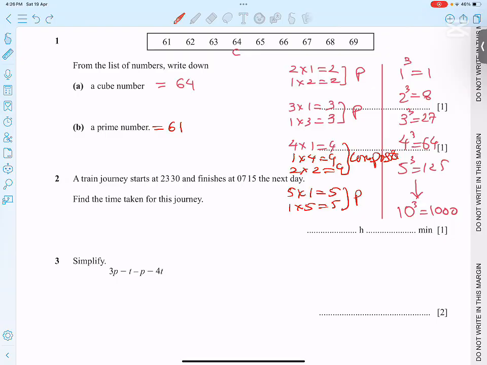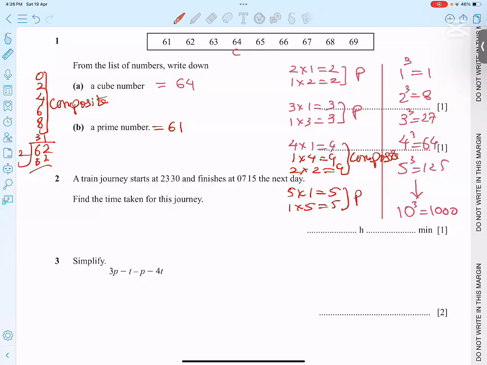So that's it. 62: all even numbers ending with 0, 2, 4, 6, and 8 cannot be prime numbers. They are always composite numbers, extra knowledge. For example, 62 is an even number, because it ends at 2. If I divide by 2, it is divisible.